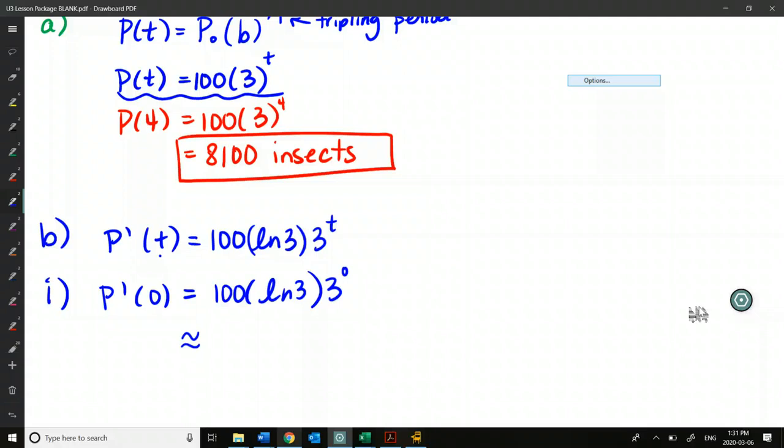You should get, I'm going to round to the nearest tenth, so about 109.9. And then we need something per something. So what are we talking about here? Insects per week, yeah.